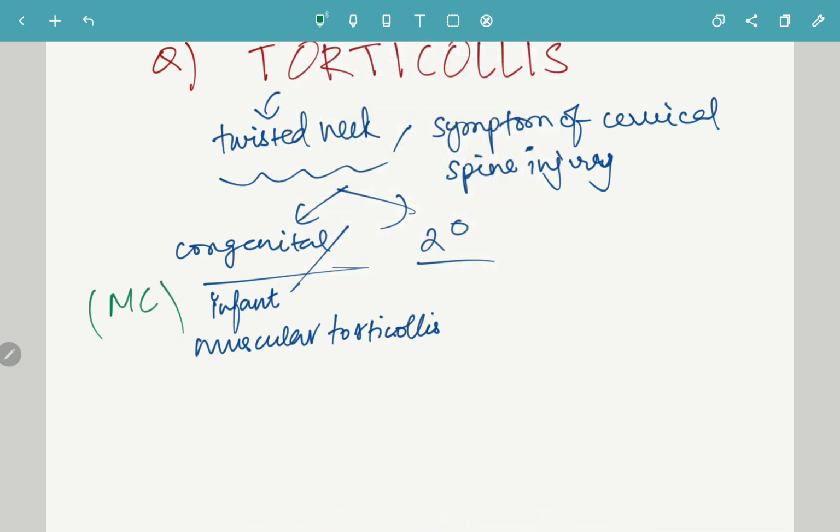This congenital or infant muscular torticollis is otherwise referred to as wry neck. So there is a typical appearance in congenital or infant muscular torticollis.